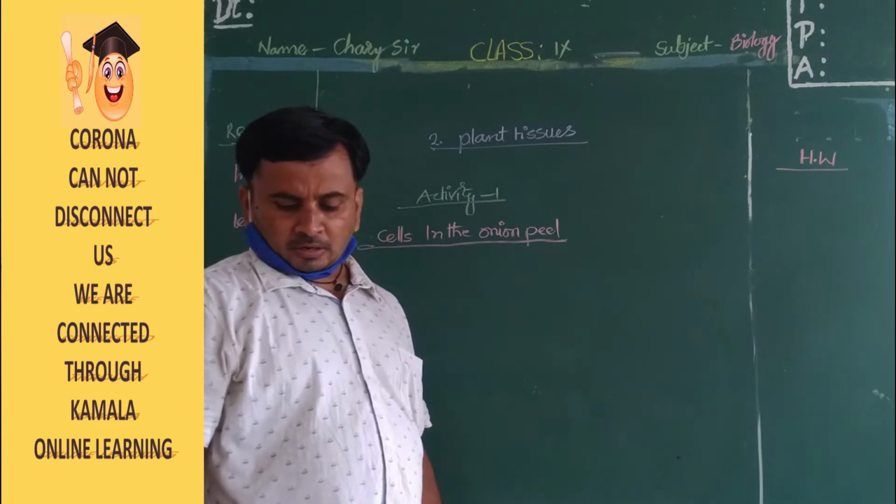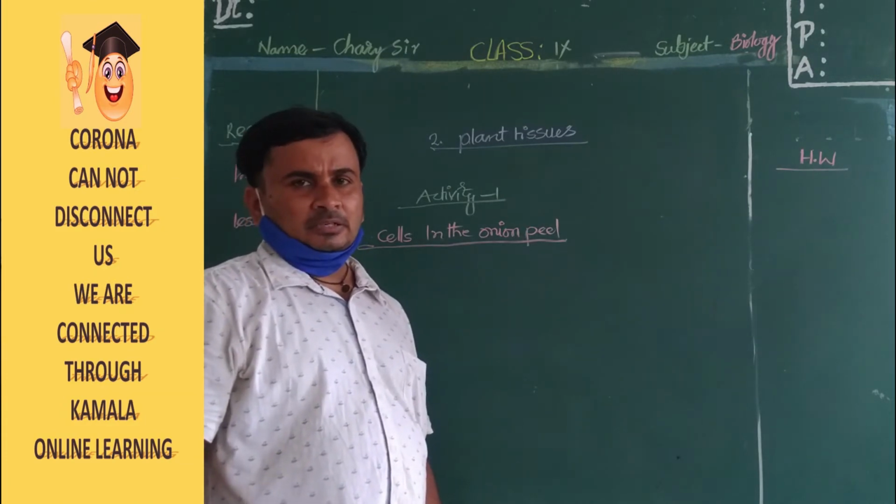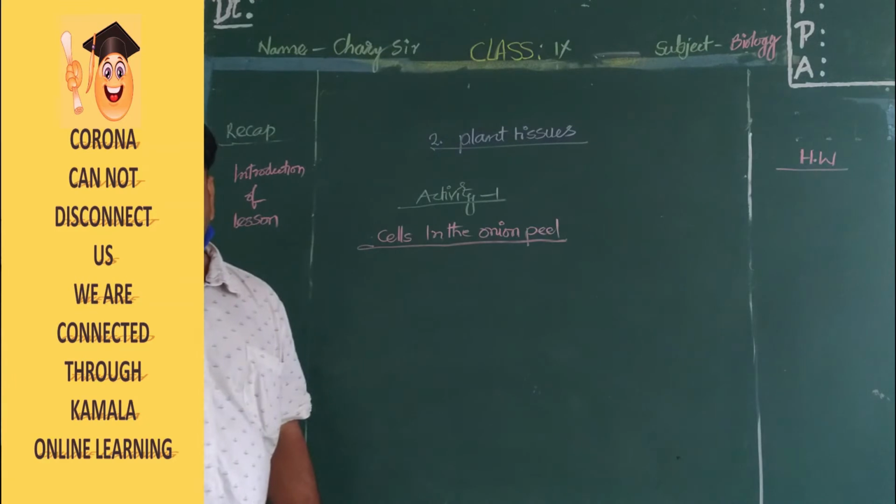Now, are all the cells similar? They look similar. How are the cells arranged?